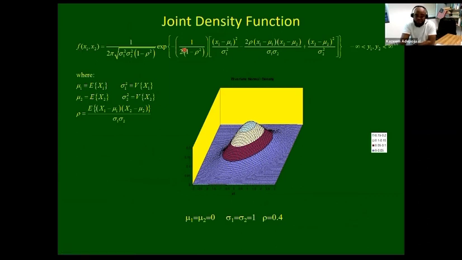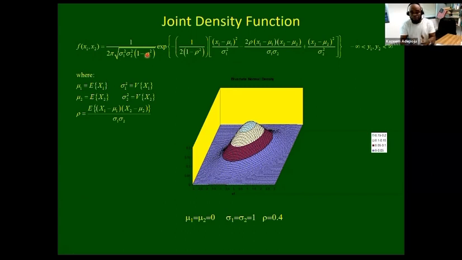There's something that I need you to pay attention to in what you are seeing now. I've got a variable x1 with a mean of mu1 and a variance of sigma 1 squared. I've got a variable x2 with a mean of mu2 and a variance of sigma 2 squared. This here is what we call the correlation, rho.